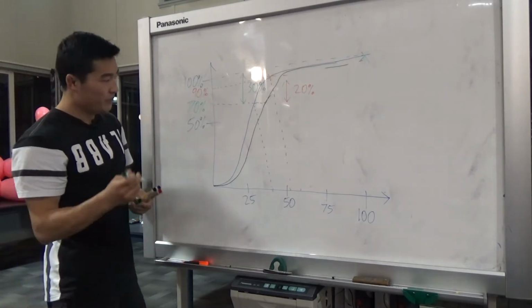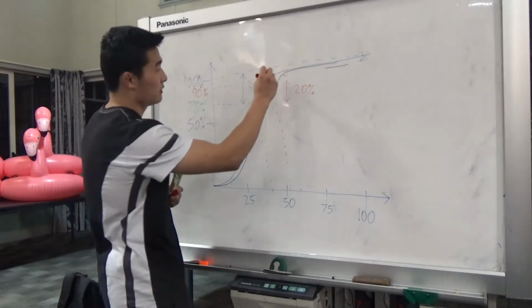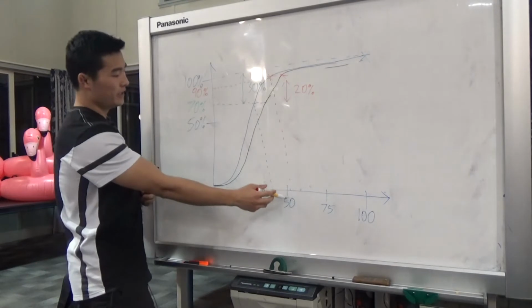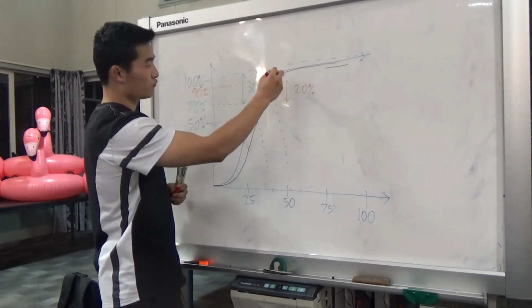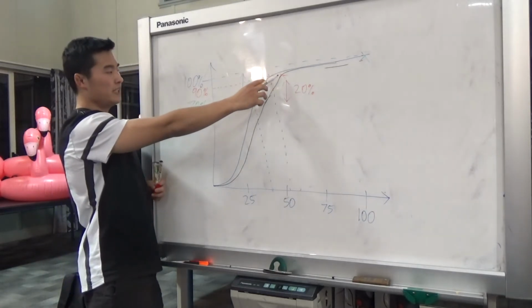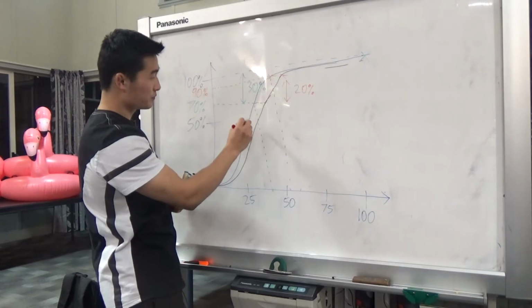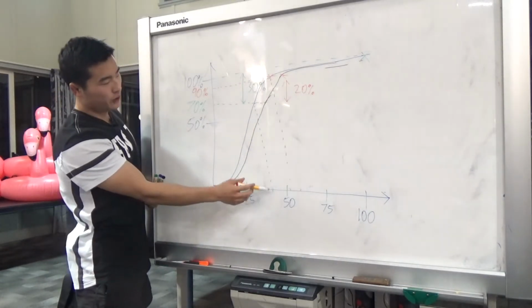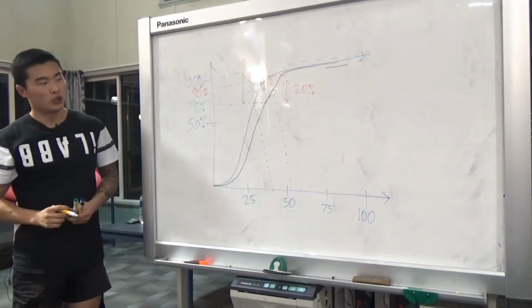So then, you've got the same arterial partial pressure of 60 millimeters of mercury, but because of this right shift, at 40 millimeters of mercury you can deliver more oxygen.